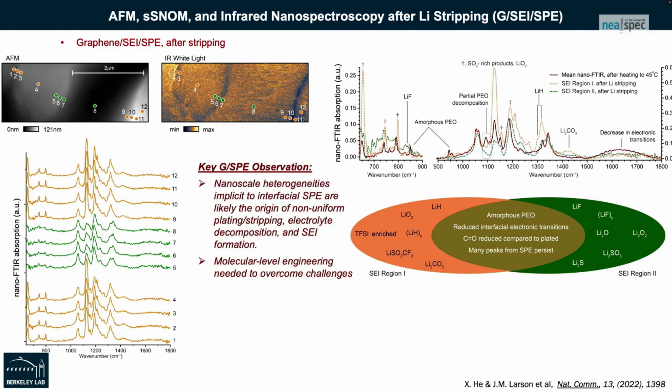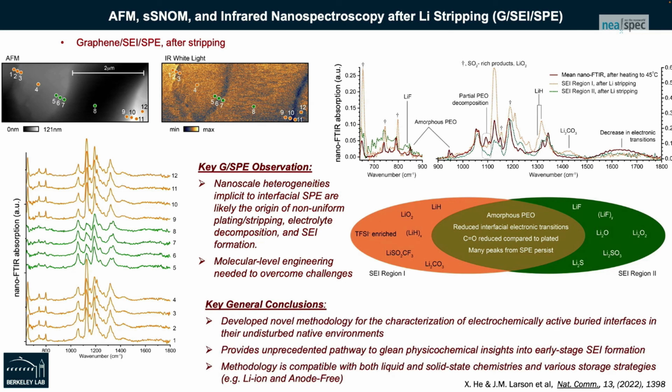So we found that nanoscale heterogeneities implicit to the interfacial solid polymer electrolyte are likely the origin of non-uniform plating and stripping, electrolyte decomposition, and SEI formation, and that molecular level engineering is needed to overcome these challenges if solid polymer batteries are to be commercially viable in the future.